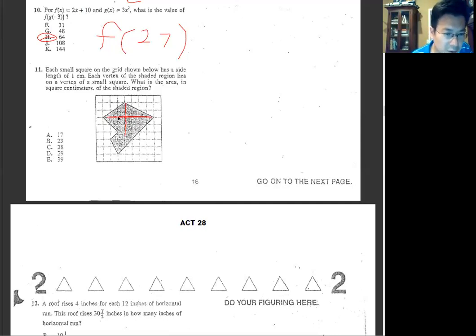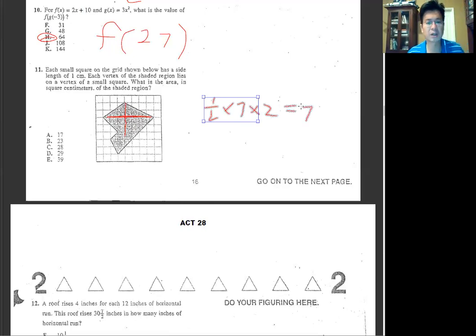Base is 1, 2, 3, 4, 5, 6, 7 and height is 2, so 1/2 times 7 times 2, which is 7. That's the first triangle.